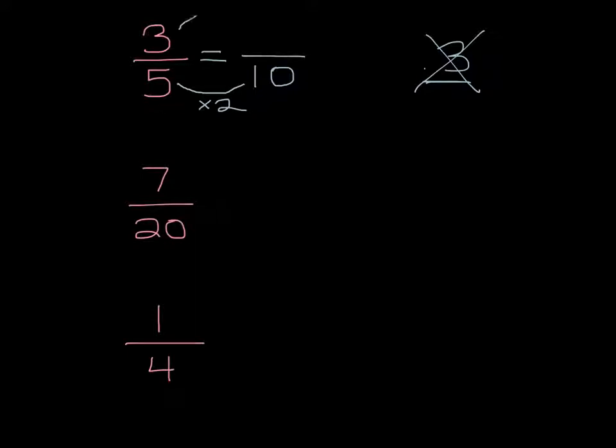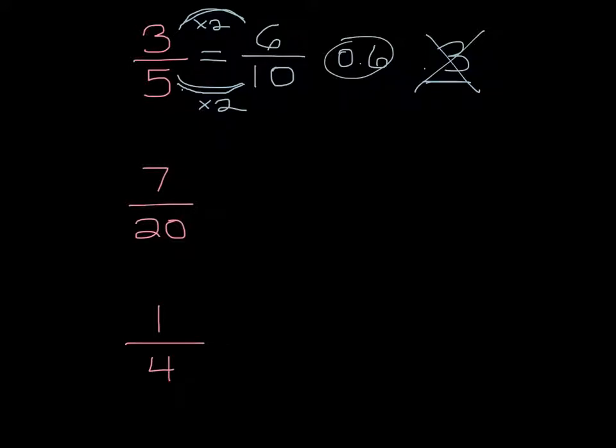Then I do the numerator times 2, and 3 times 2 is 6. So 3/5 is equivalent to 6/10 because I multiplied the numerator and denominator times 2. That's how you make an equivalent fraction. Now I can write 6/10 as a decimal.